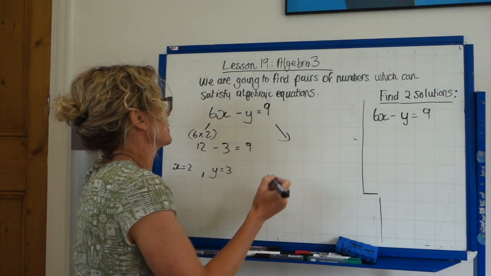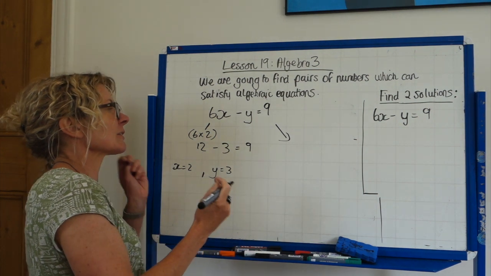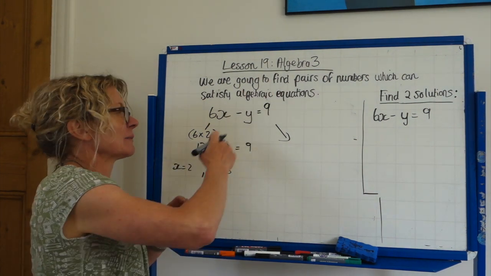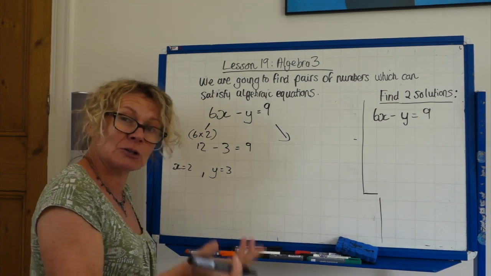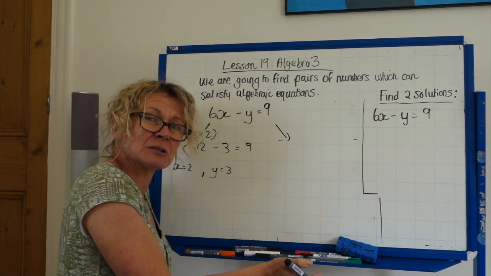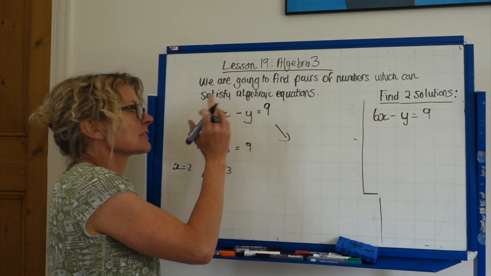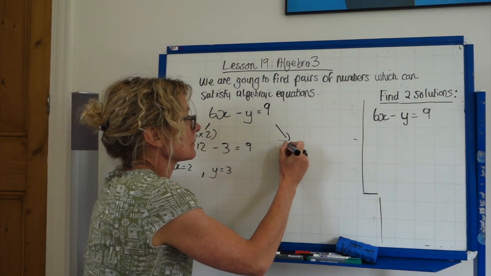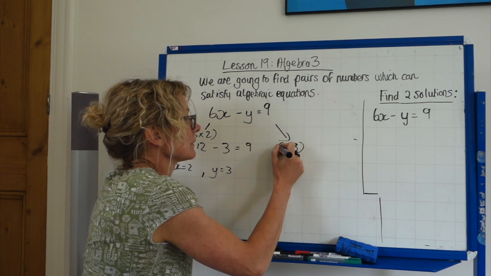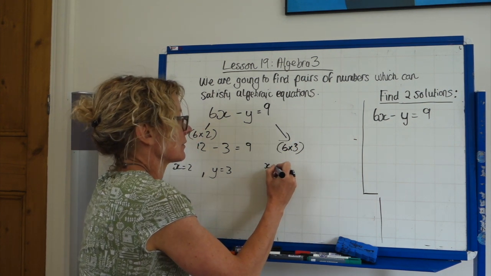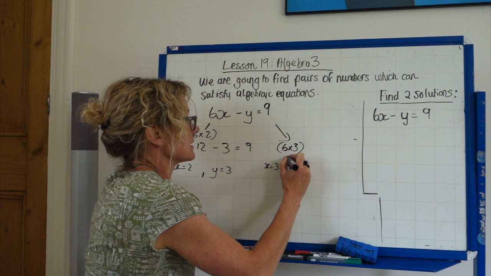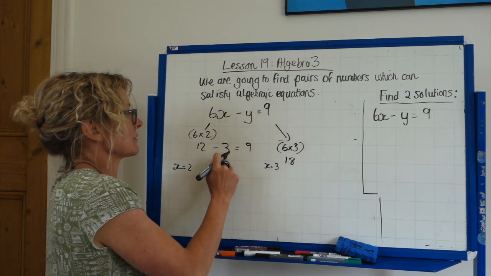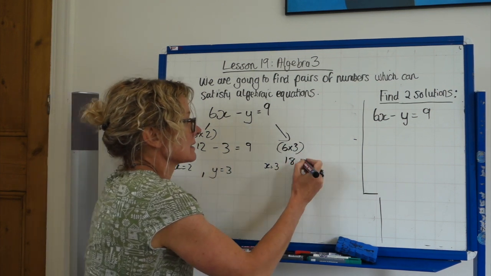What other solution could we do? Let's not get 6 too big, because then we're just going to have to make this number really big in comparison. There could be loads of solutions to get to this 9, but let's just make it easy for ourselves. So let's just do 6 times 3, eh? 6 times 3, so that means that x is equal to 3. 6 3s are 18, and what are you going to have to make y to get back to 9?